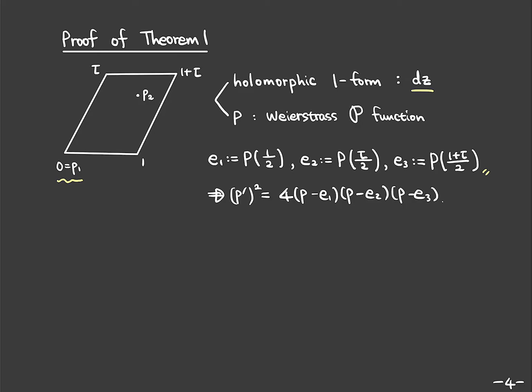On the other hand, as P has a double pole at the origin, we may choose eta 1 as follows.